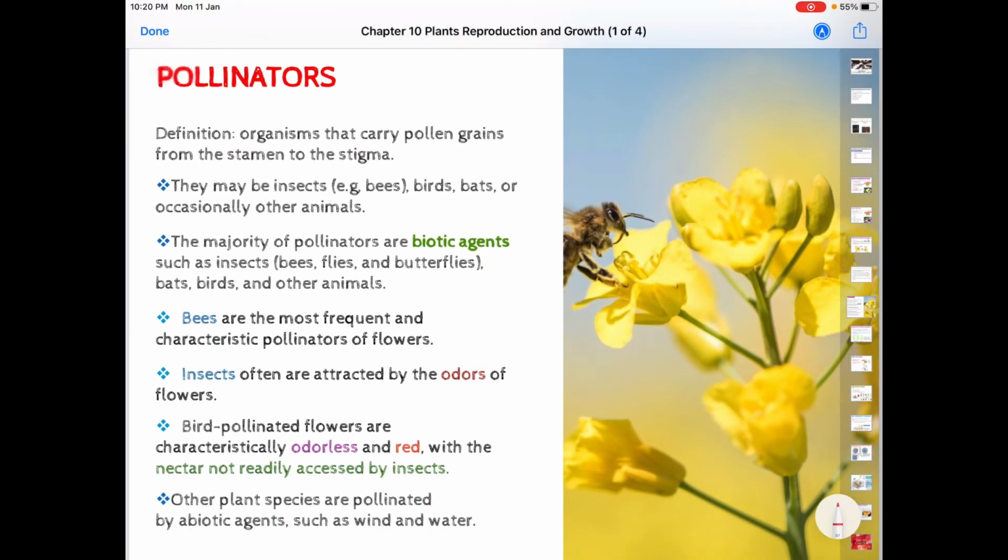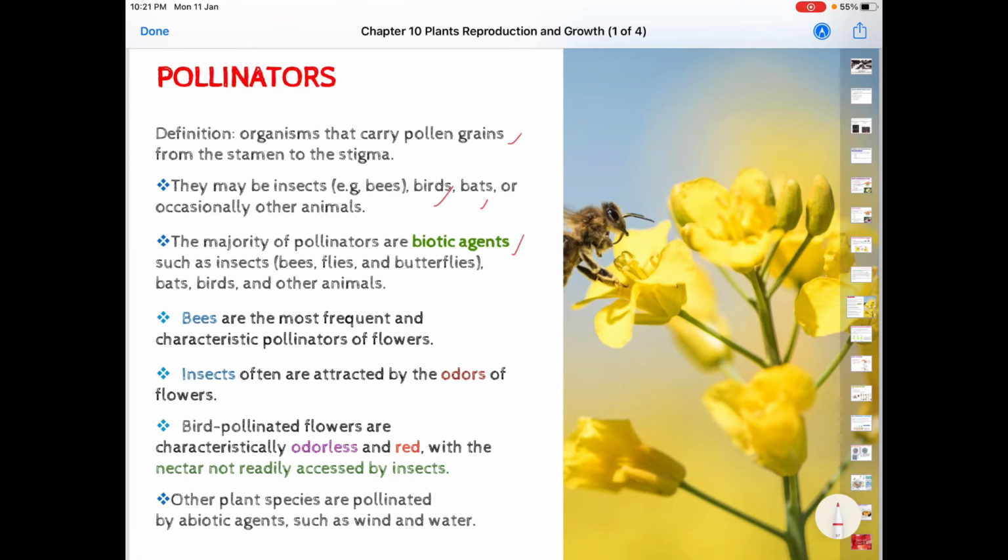So what is a pollinator? A pollinator is an organism that carries the pollen grain from the stamen to the stigma. They can be insects like bees, birds, bats, or occasionally other animals. The majority of pollinators are biotic agents, meaning they are living components, such as insects, bats, birds, and other animals. Bees are the most frequent and characteristic pollinators of flowers.